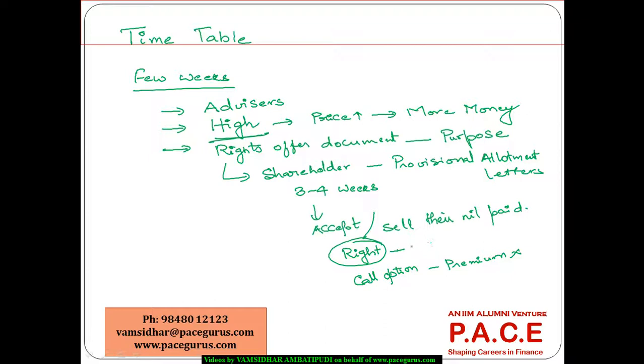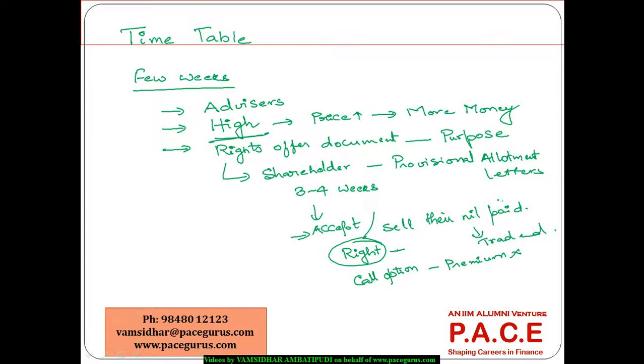So they can very well sell that right to others and they can make money out of it. So they can decide whether they want to accept and purchase the share at that reduced price or sell that right to someone else, because the rights themselves can be traded.